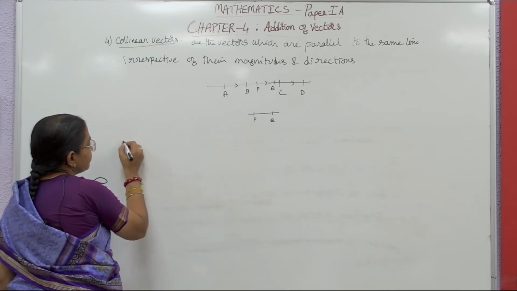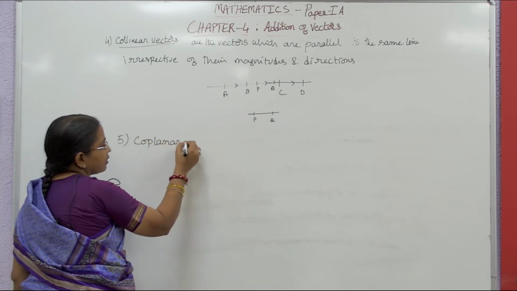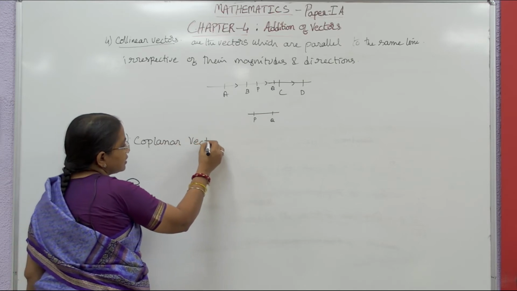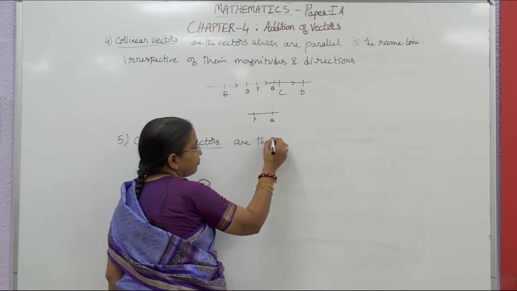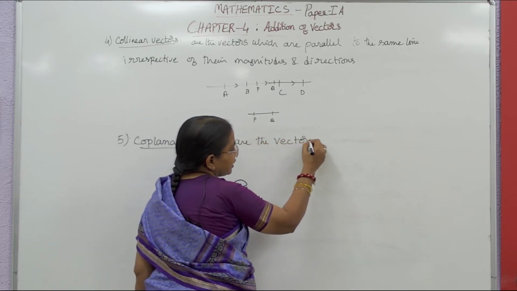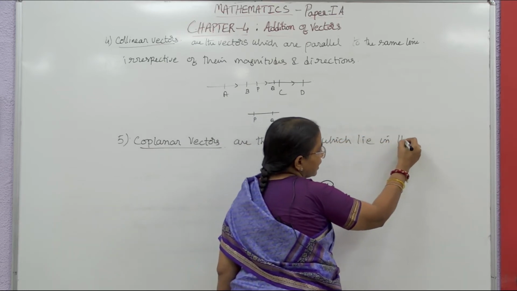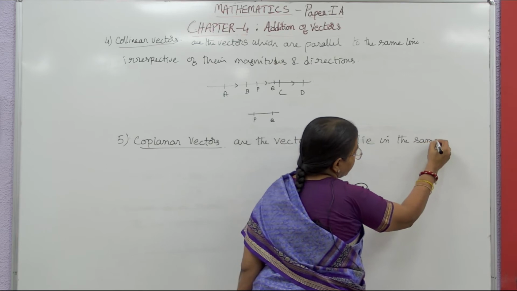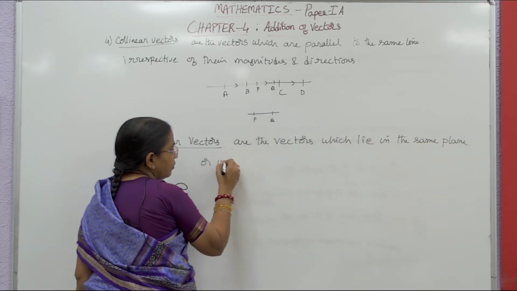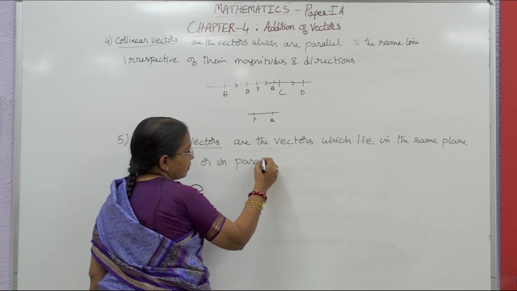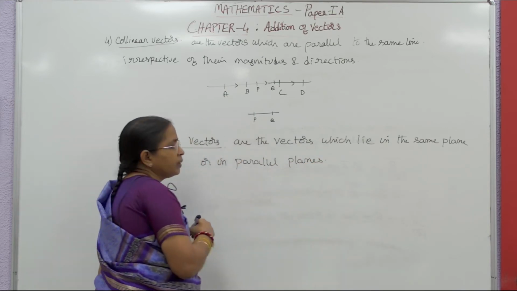The fifth one is coplanar vectors. Coplanar vectors are the vectors which lie in the same plane, or in parallel planes. Even if they lie in parallel planes, they are considered coplanar vectors.